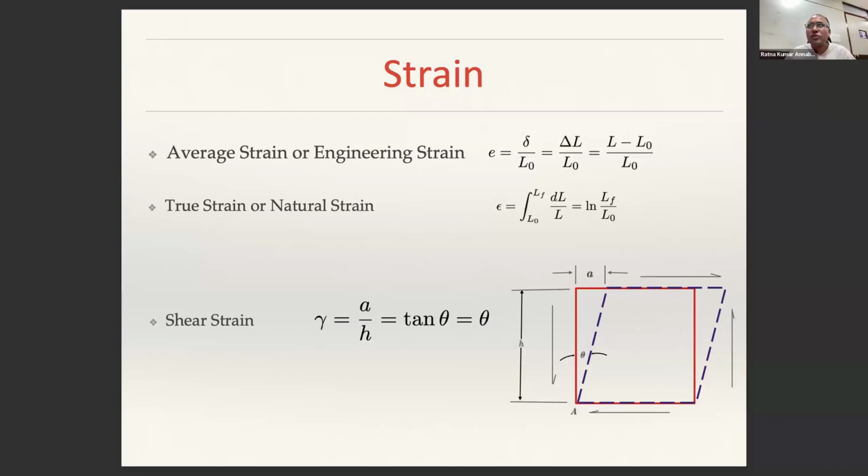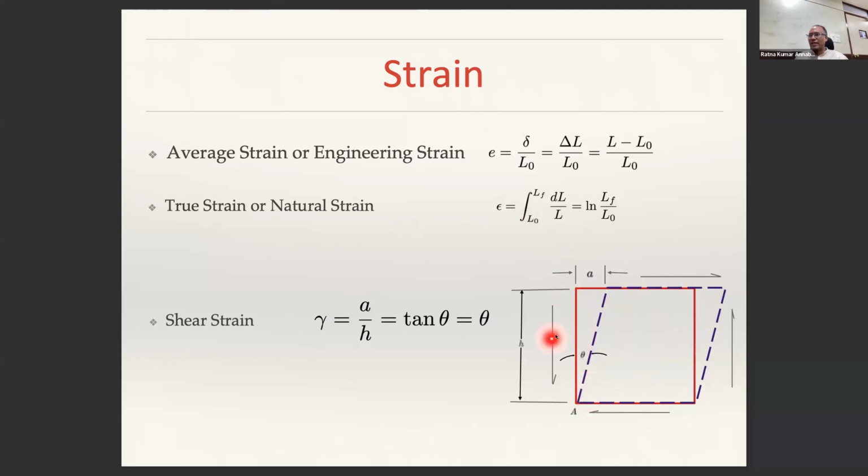Okay. So now let's go back to our topic. The shear strain in a body is basically talking about the rotational part. So let us say this red square is your initial body and it is sheared by application of shear stress.